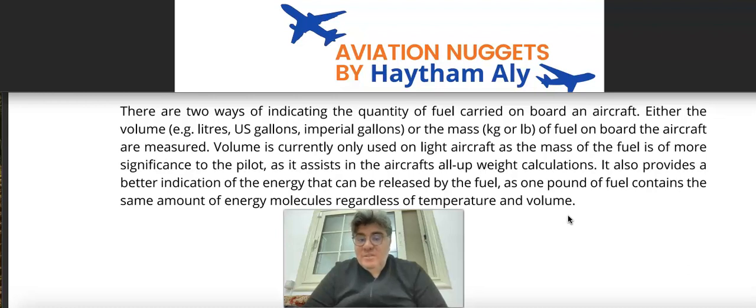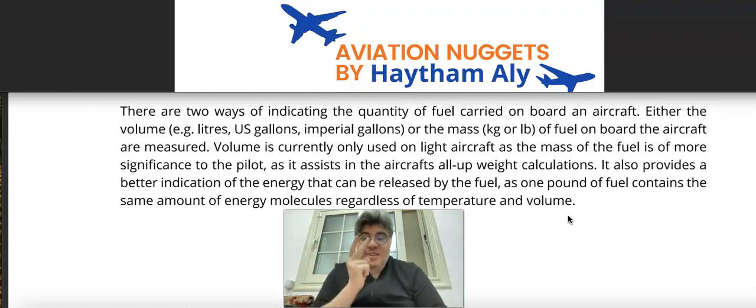But for big jets, big aircraft, fuel mass is much better than fuel volume, as it will not alter with temperature, and it will assist the pilot in the all-up weight calculation, load sheet, and mass and balance calculation. Fuel indicated in mass will also not be affected by aircraft maneuvers.